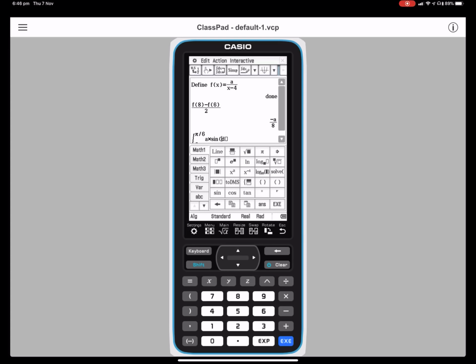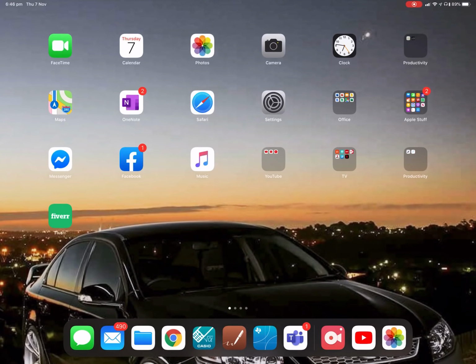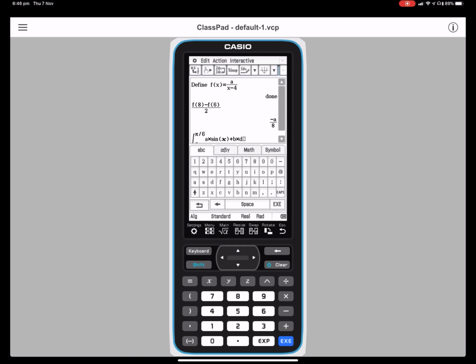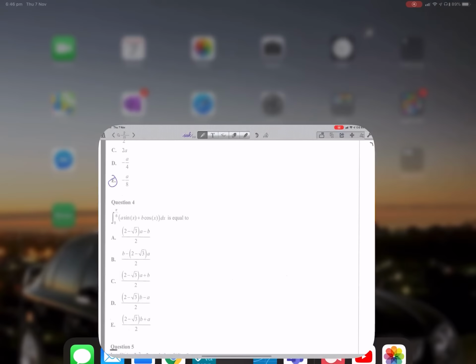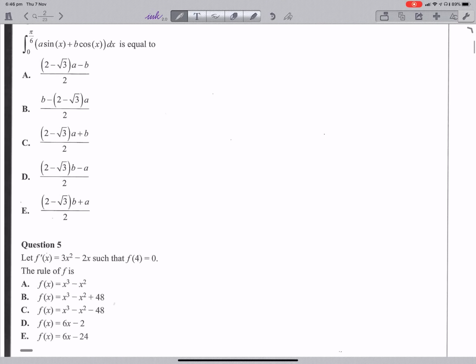Don't forget to put the a times sine x plus b times cos x. Simplify. What's that there as an answer?